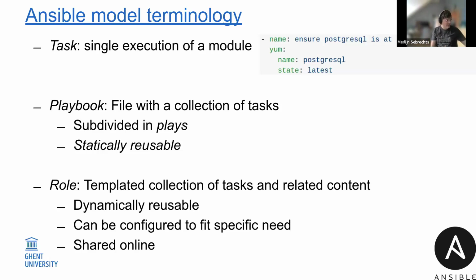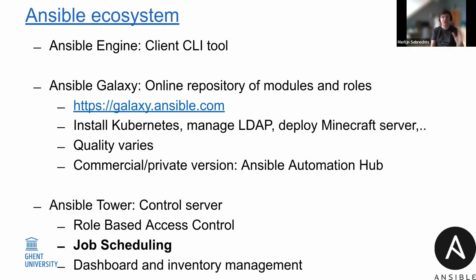So if you go into the Ansible online repository, you will see a lot of Ansible roles, for example, in order to install a Kubernetes server or install a database. And these will allow you to change certain configuration values without actually having to modify the infrastructure as code. There is a very large ecosystem.